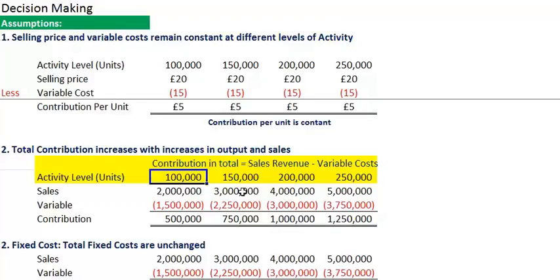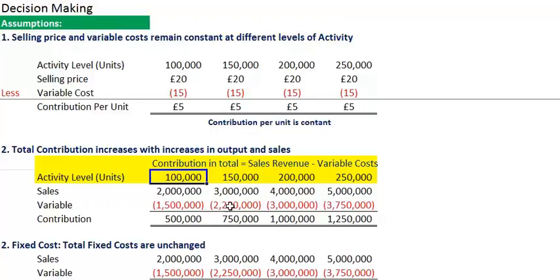If you understand this, 150,000 units multiplied by 20 pounds per unit, you get sales revenue of 3 million. When you multiply 15 pounds variable cost per unit by 150,000 units, you will get total variable cost of 2.25 million.